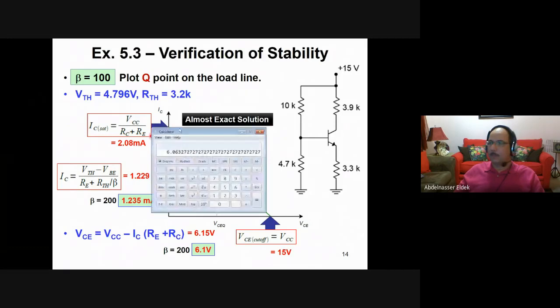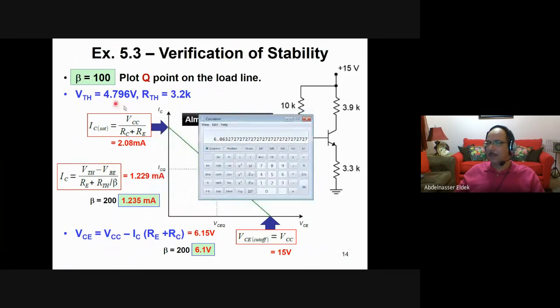IC in this case equals V Thevenin, which is the same, 4.796, minus VBE, which is 0.7 volt, divided by, open bracket, RE, which is 3.3K, plus R7, which is 3.2, divided by beta, which is 100. Close it, and then this equals 1.229 milliampere. So this is the current when you change beta from 200 to 100.